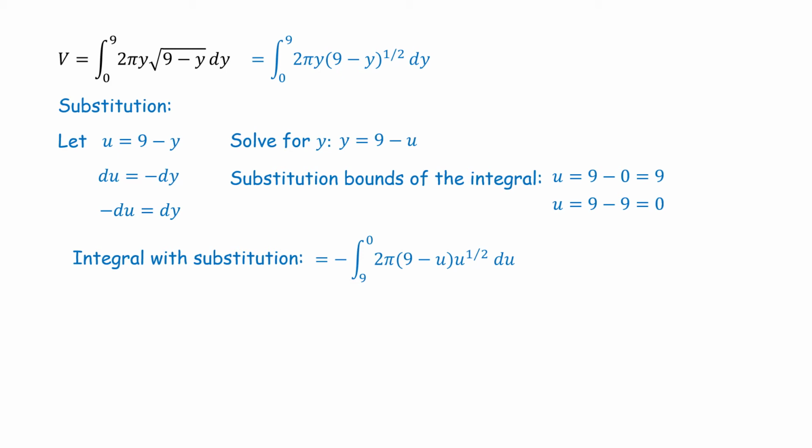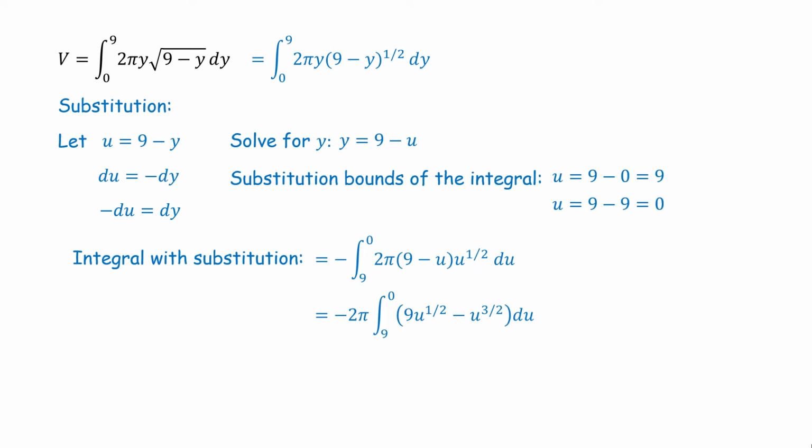Let's factor out the 2 pi and multiply the u to the 1/2 through 9 minus u that is distributed. That'll take us to negative 2 pi, the integral from 9 to 0 of 9u to the 1/2 minus u times u to the 1/2, adding the exponents together, that's u to the 3/2 du.